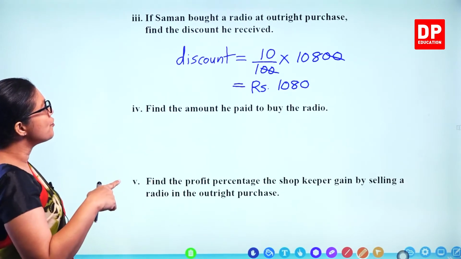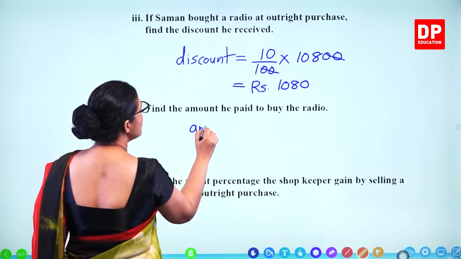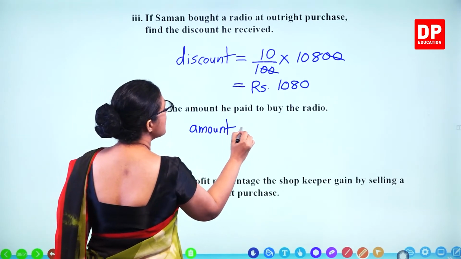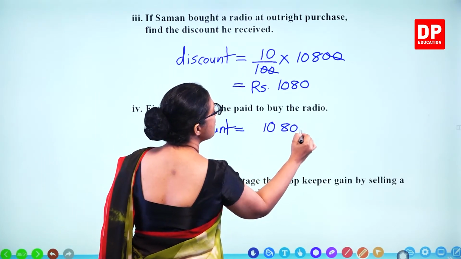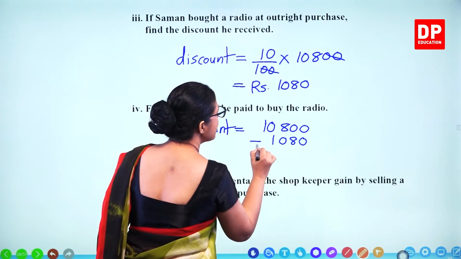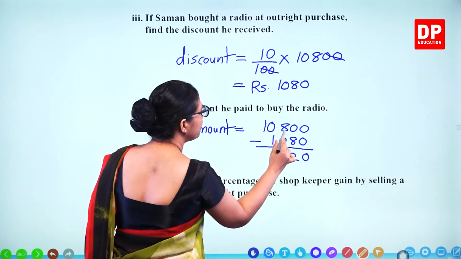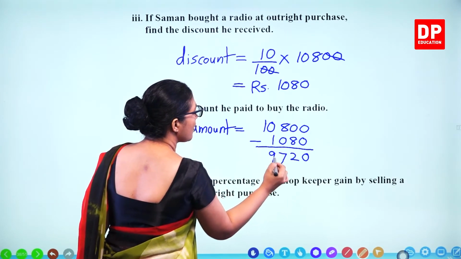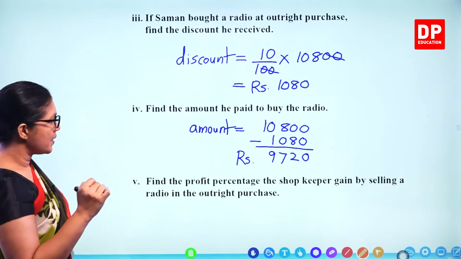So you have to subtract the discount. So the amount becomes, the price is 10,800, that's the mark price, and then subtract 1,080, that's the discount. When you subtract, you get 9,720 rupees.